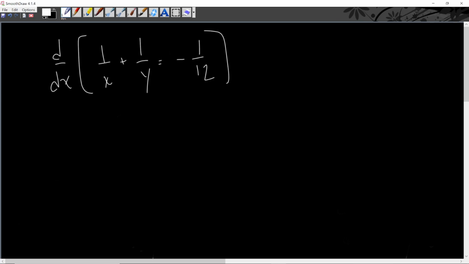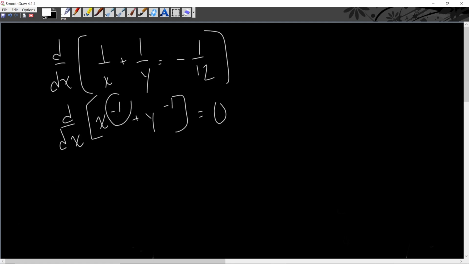So we're going to do derivative of x to the negative 1 plus the derivative of y to the negative 1, d/dx. And again, derivative of a constant is going to be 0. From here, we bring that negative 1 out front. We have negative 1 times x to the negative 1 minus 1.